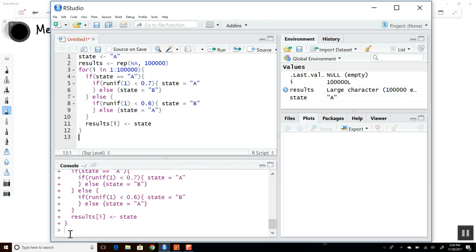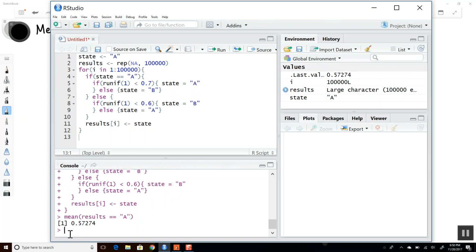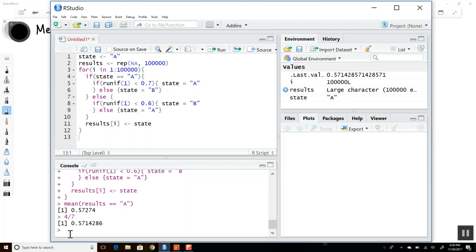Okay, it's done, and let's look at the mean. Yeah, that's pretty close, right? So here, we just ran it 100,000 times, and the results of all of these transitions gives us something close to our stationary distribution, right?